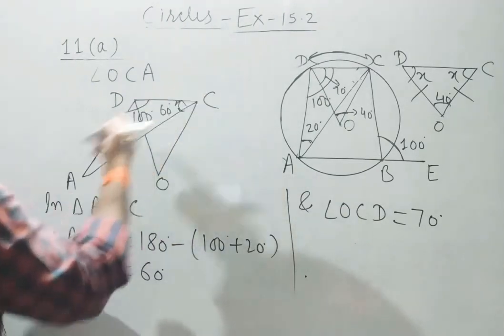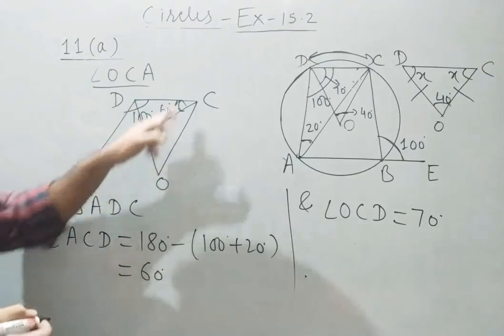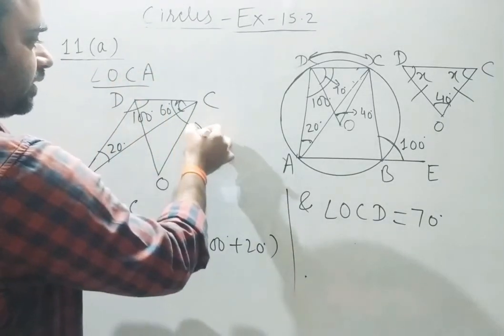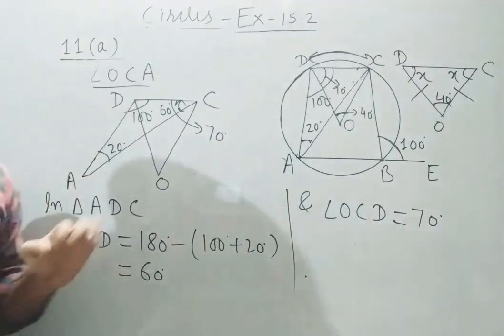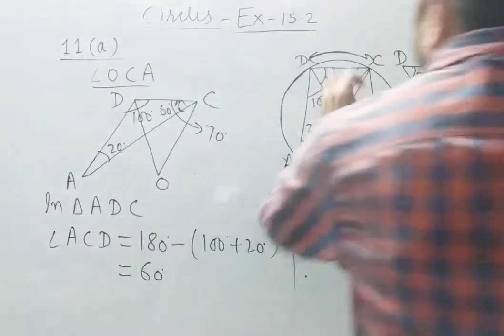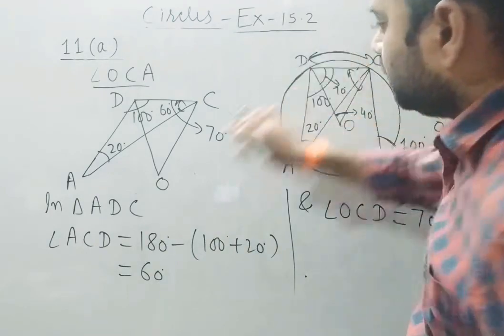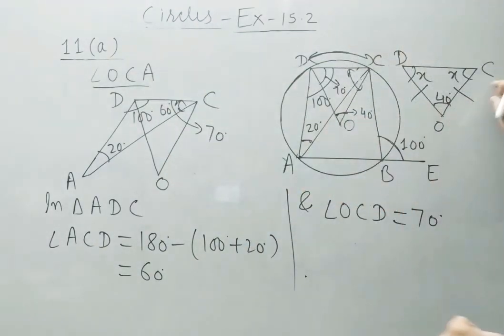So OCA we have to find. This is 60 and this complete angle is 70. See the diagram properly. This complete angle means OCD. OCD we have calculated as X, that is 70.